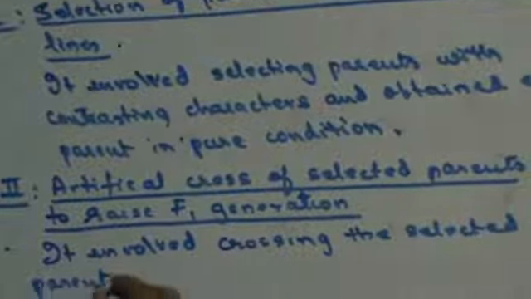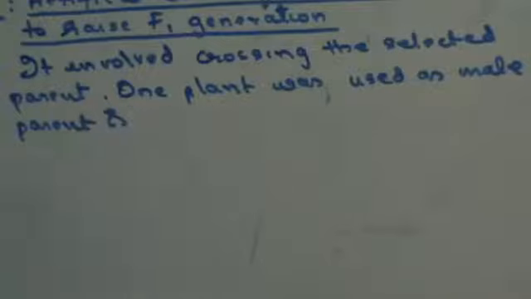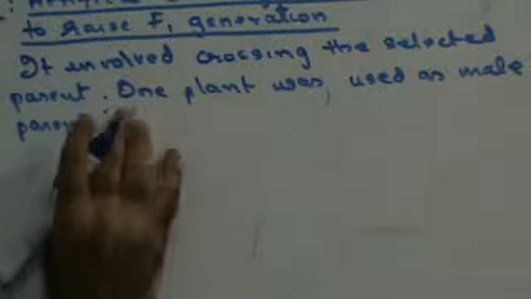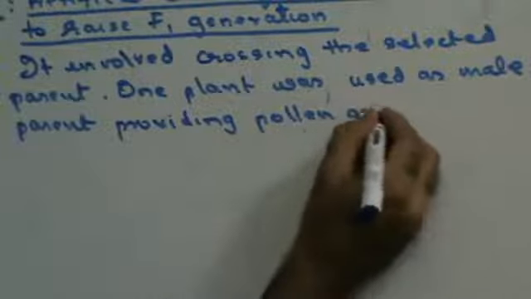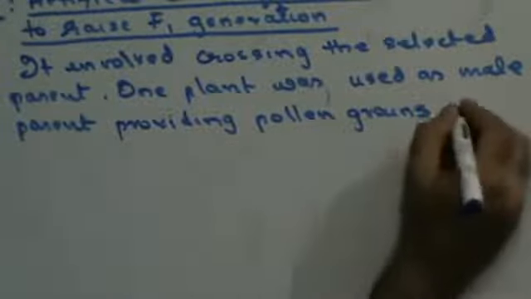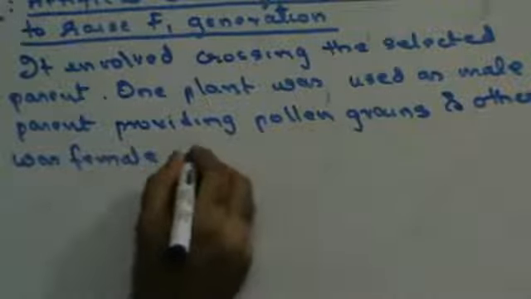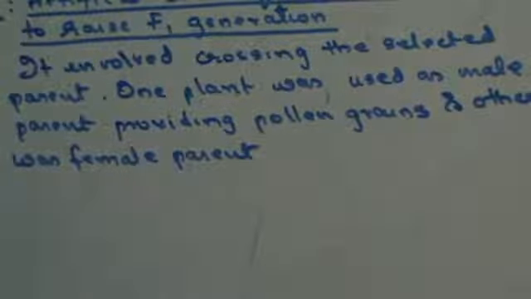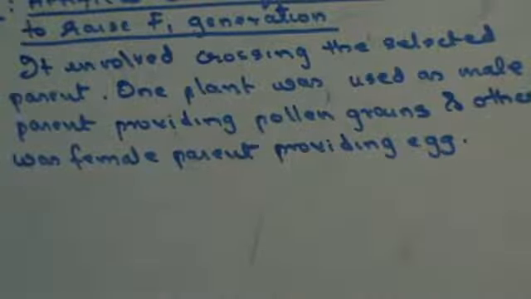One plant was used as the male parent, providing the pollen grains, while the other plant was used as the female parent, providing the egg. Fine, do we get this?